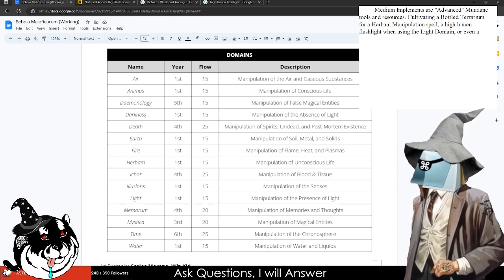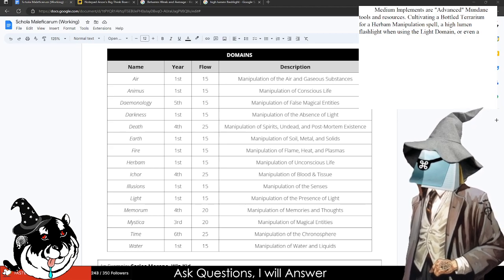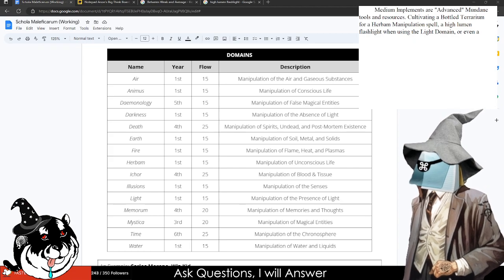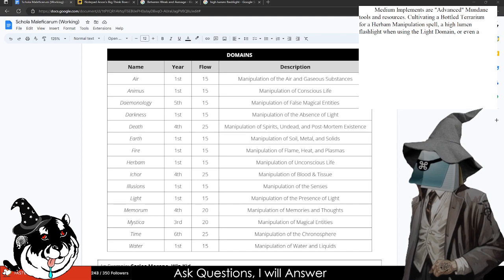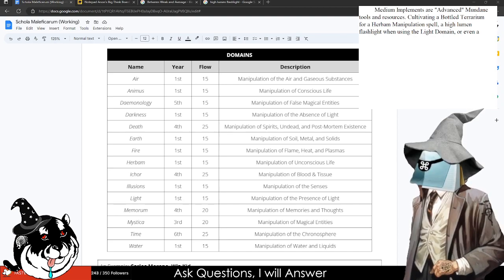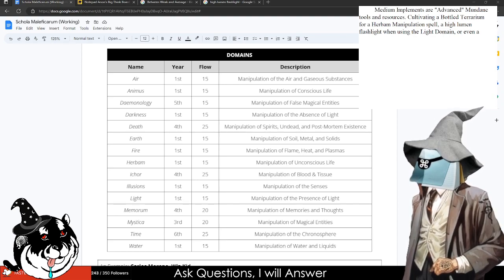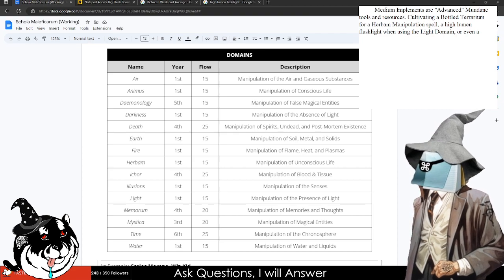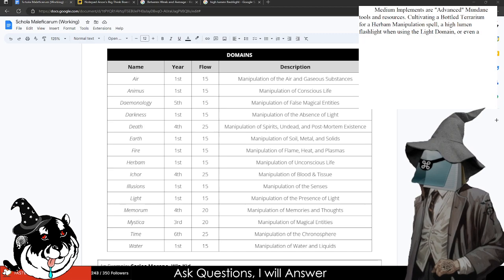Pretty much the idea of what I want for medium implements is these are things that you can find, that you can get, that are valuable when you're trying to do something in this sphere, but they are specifically tied to it. That's kind of the idea.